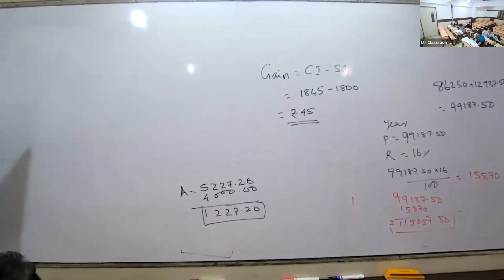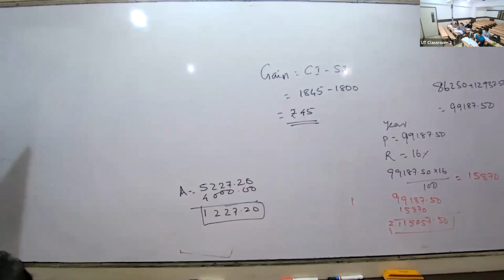We have to complete this exercise fast at least. Okay, question number 10. Read it. Calculate the difference between the simple interest and the compound interest on rupees 4,000 in 2 years at 8% per annum compounded yearly.